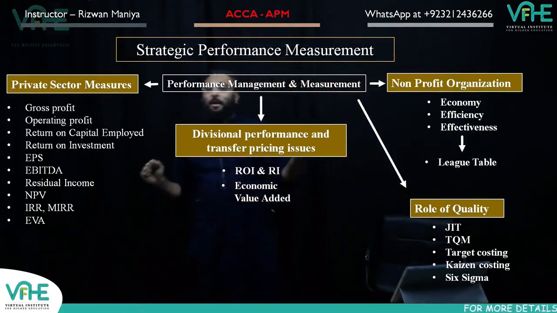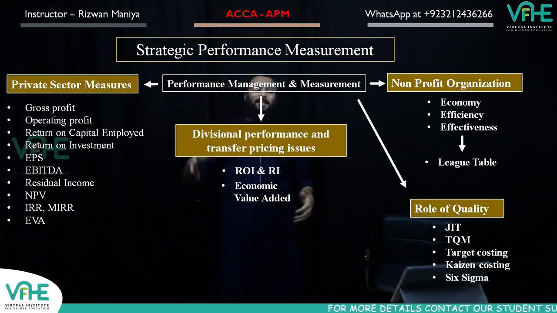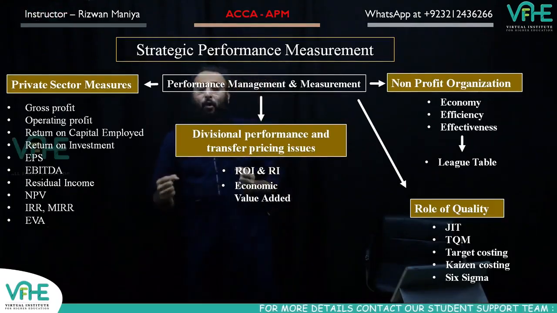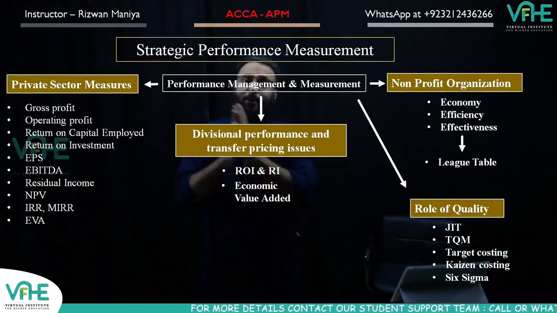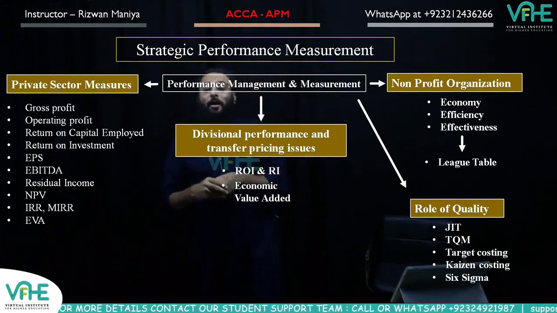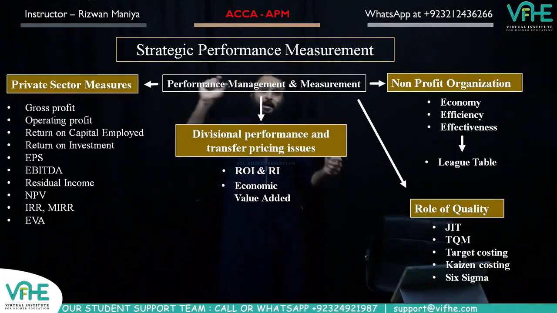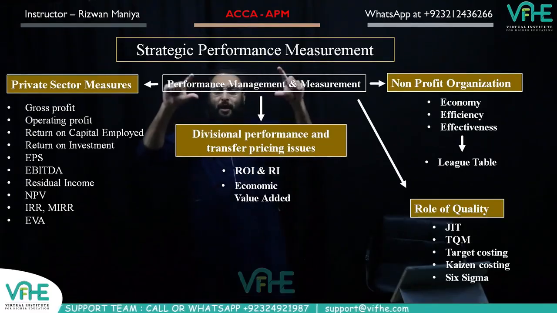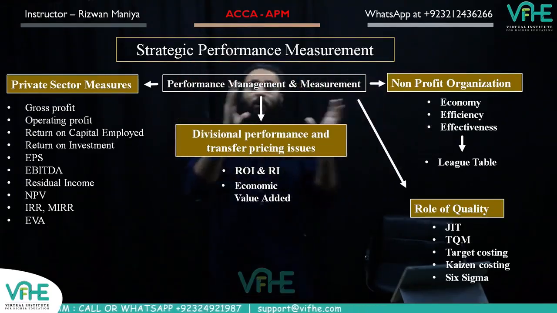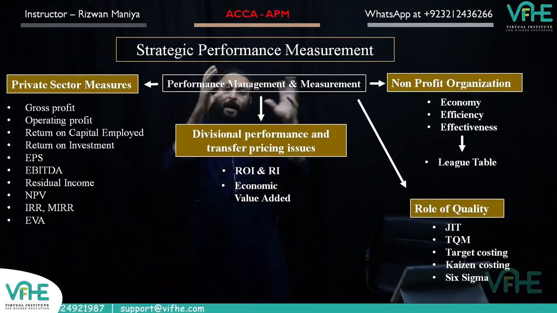Where standard costing blames employees for adverse variances, Kaizen costing takes the input of the employees and considers employees as a source of improvement. So Kaizen costing focuses on a variance, which means target reduction versus actual reduction, whereas standard costing focuses on a variance comparison between target and actual.